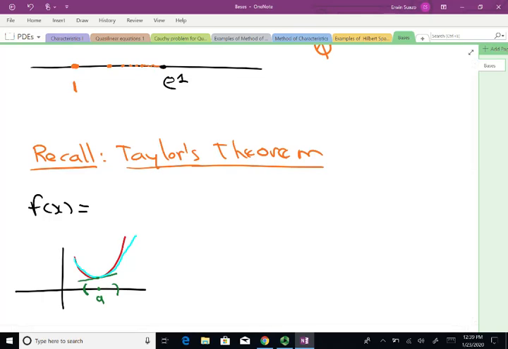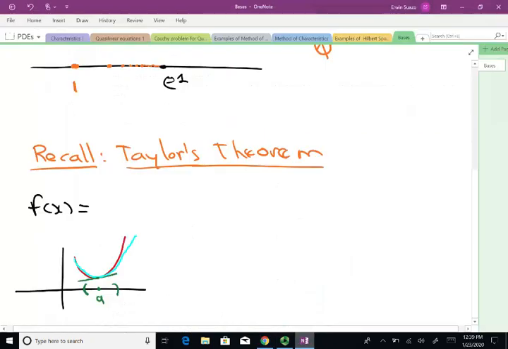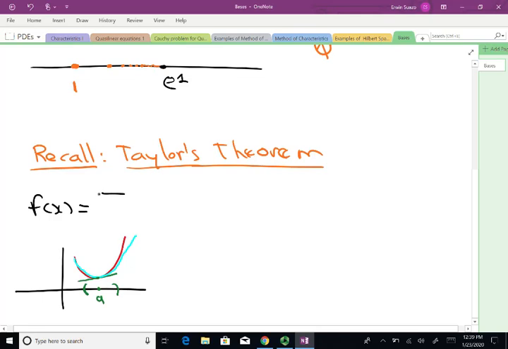Remember, in general, here is the formula: f of x equals f of a plus f prime of a times x minus a, plus second derivative at a over 2 factorial, and so on. Let's write it as an infinite sum from k equals 0 to infinity of x minus a to the k over k factorial, times f to the k of a, where k is the derivative.